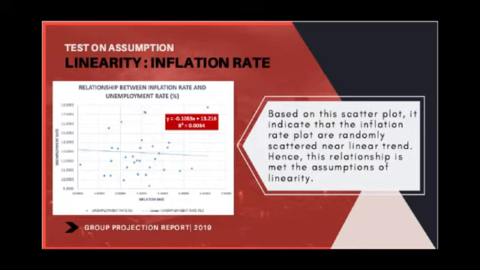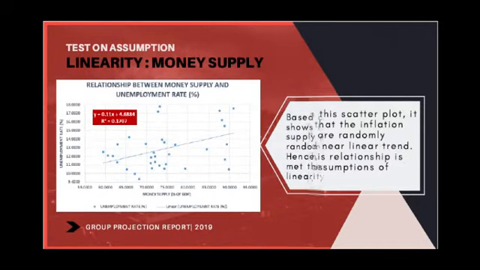Therefore, the equation of the linear trend is y equals 13.216 minus 0.1083x and the r squared is 0.0034. Hence, we can see that this relationship meets the assumption of linearity.